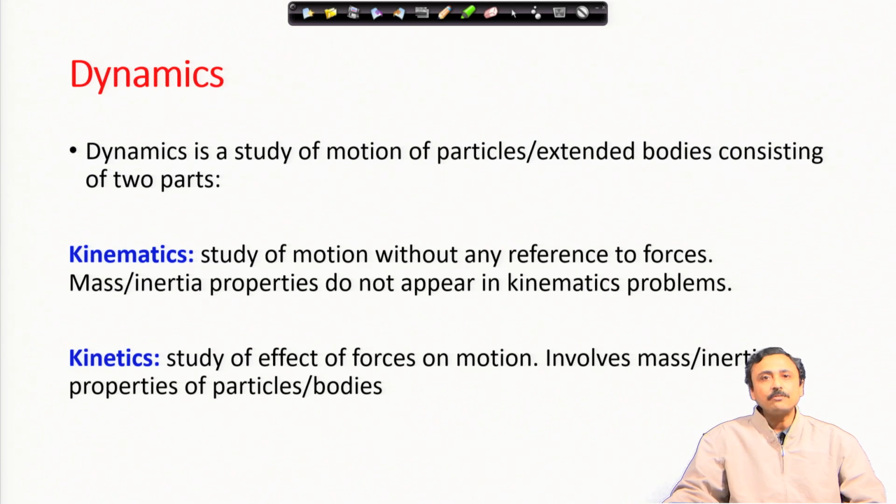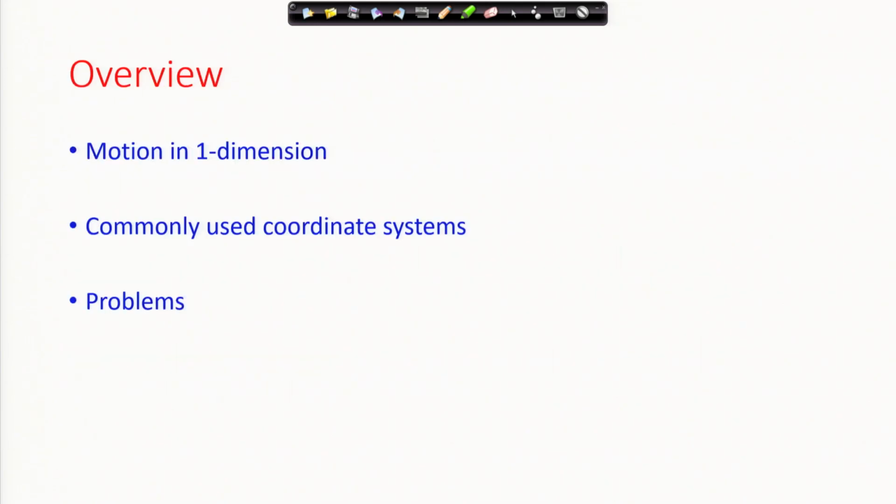Dynamics consists of kinematics and kinetics. Now, out of these two, kinematics is more tricky, while kinetics is a straightforward step, more or less. So, we are going to start with kinematics, the study of motion.